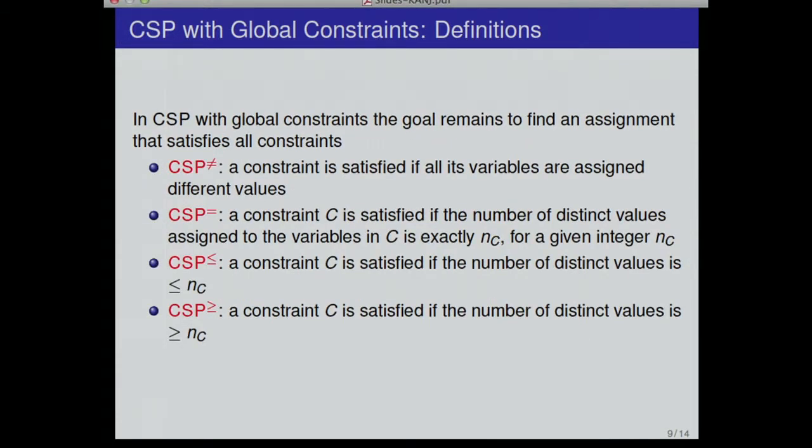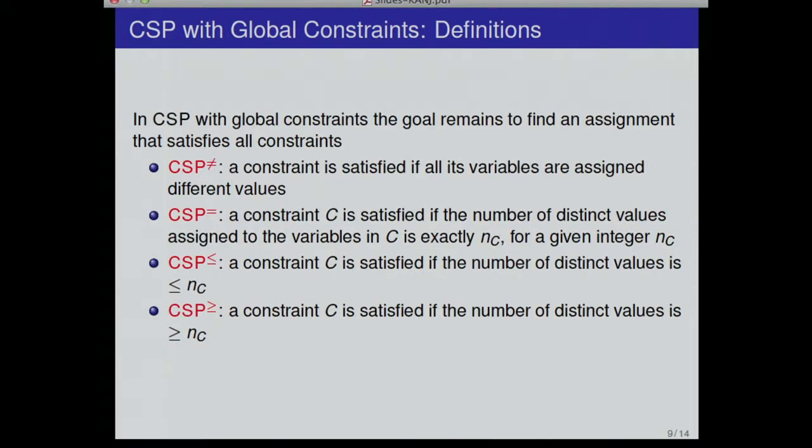So in CSP with global constraints, the goal remains to find an assignment that satisfies all the constraints, but satisfying a constraint now takes a different meaning. For the CSP all different, a constraint is satisfied if its variables are assigned distinct values. For the CSP equal, CSP less than or equal, CSP greater or equal, each constraint is given together with a non-negative integer, nc.